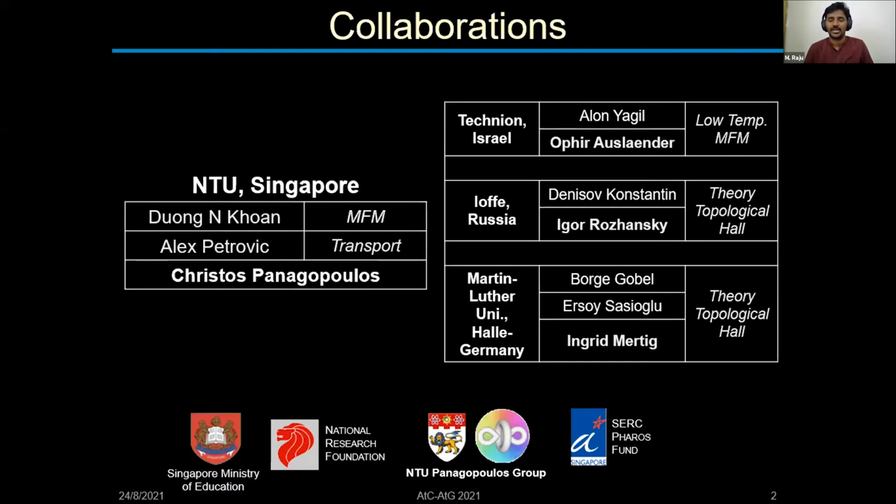We had low temperature MFM collaboration with Professor Ophir at Technion, Israel, and theoretical insights into this effect from a Russian group, Dr. Igor Rozhansky and his team, and Professor Ingrid Mertig and her team in Germany.